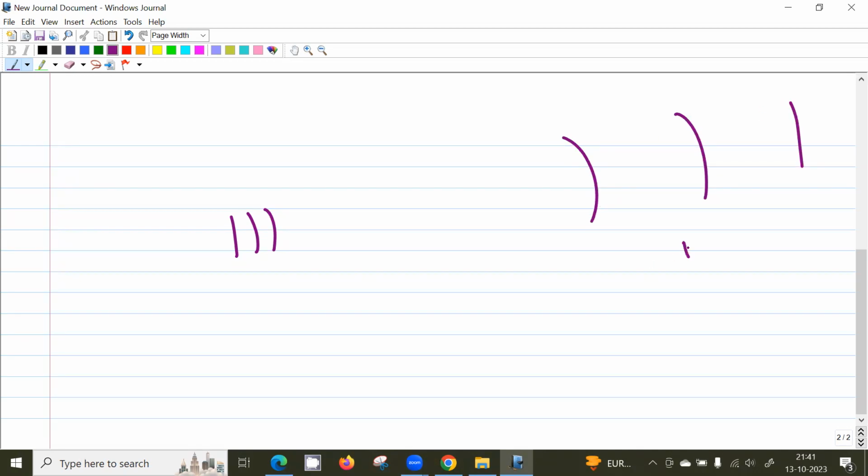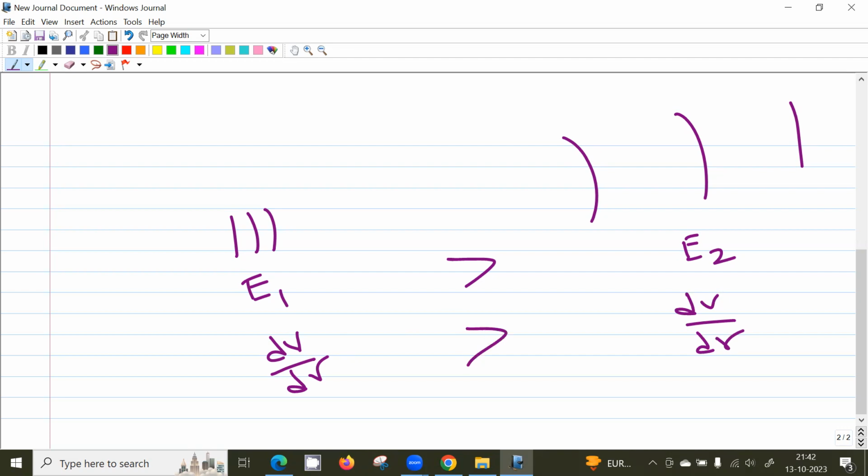So here the electric field at this point is E2, and if I compare it with the electric field at point E1, E1 will be greater than E2, because the gradient of the potential, dV by dr, at this point is greater compared to the gradient at this point. Another way of representing that the electric field is more at a particular point is the density of the electric field lines. At this point the field lines will be closely packed. Here the field lines will be far away. So this is another indication of how the electric field can be represented.